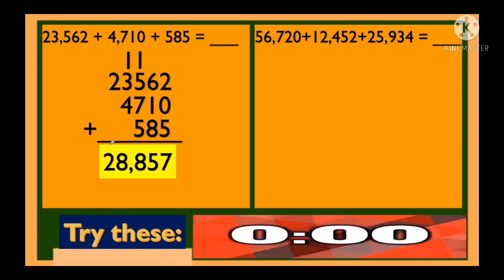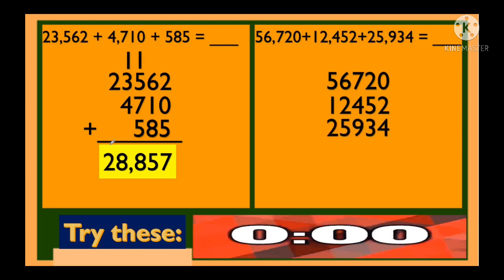Let's line up the three numbers. We have 56,720 plus 12,452, and then the last number, which is 25,934. And of course, do not forget the symbols.